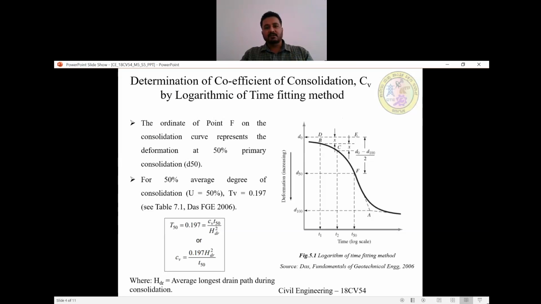So after this, we can find out the value TV from table 7.1, which corresponds to 0.197.